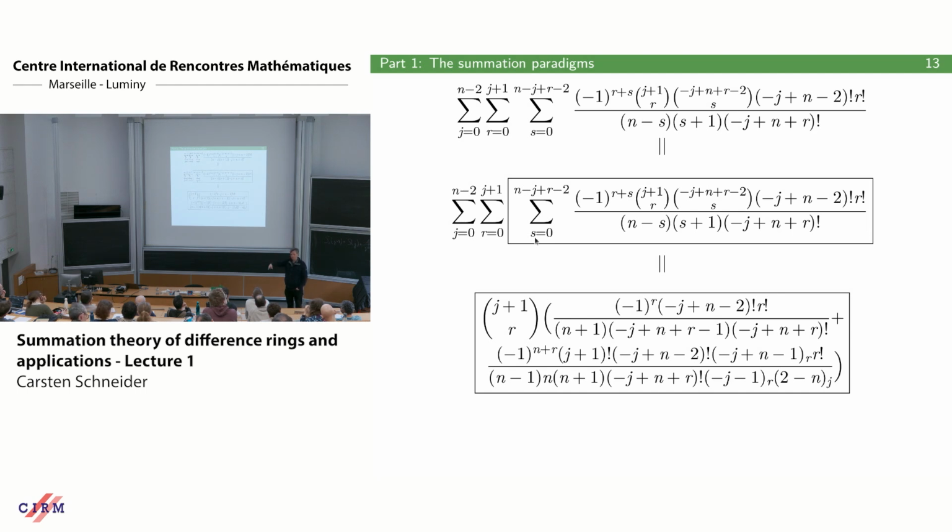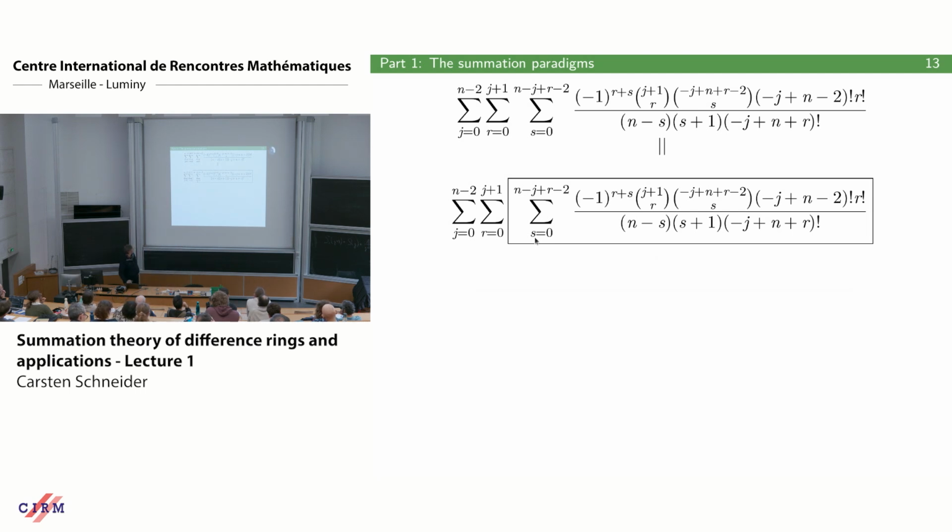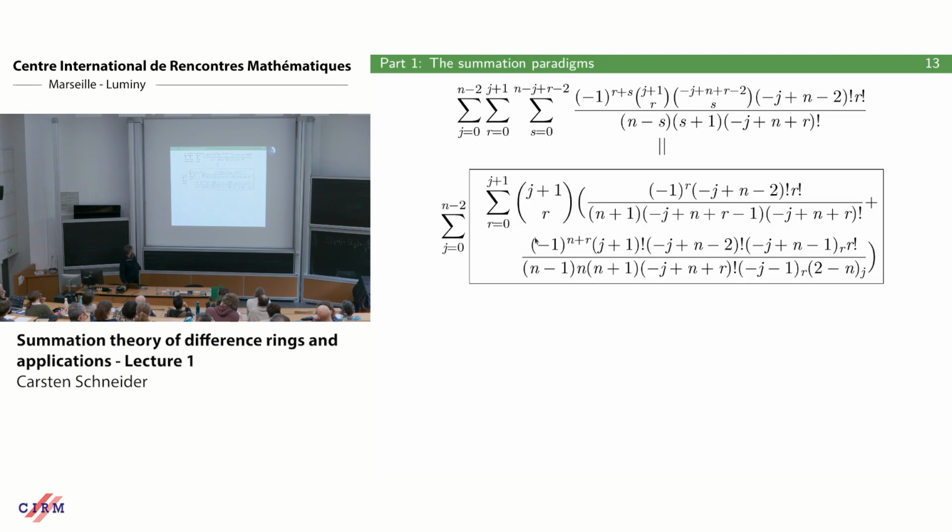Same trick what you have seen before. Okay, so basically the triple sum actually turns out to be a double sum. So we can replace it. Now I repeat the game. I sum over r from 0 to j plus 1, and j is my next summation variable.